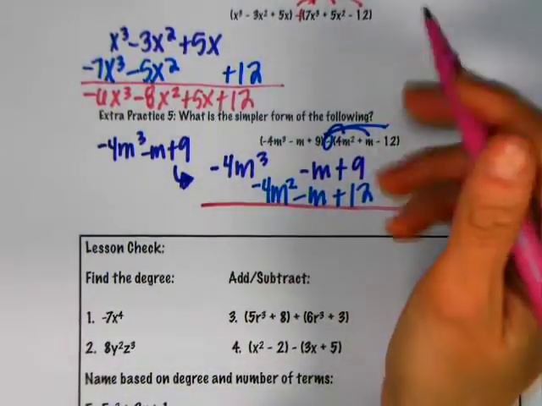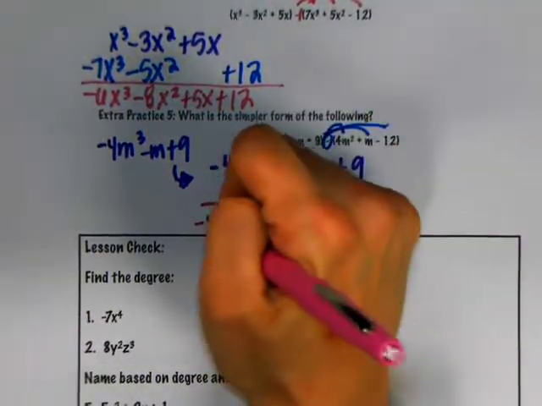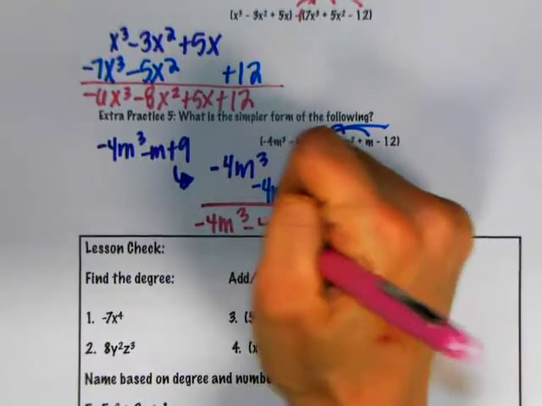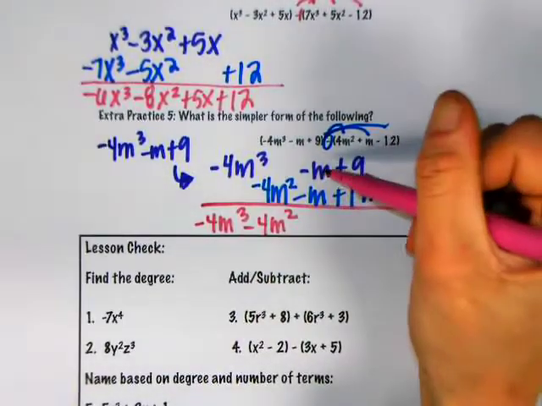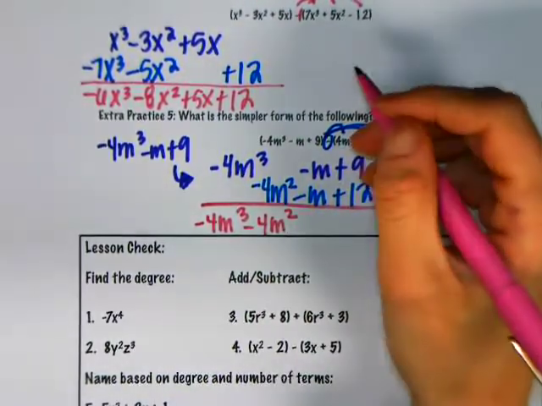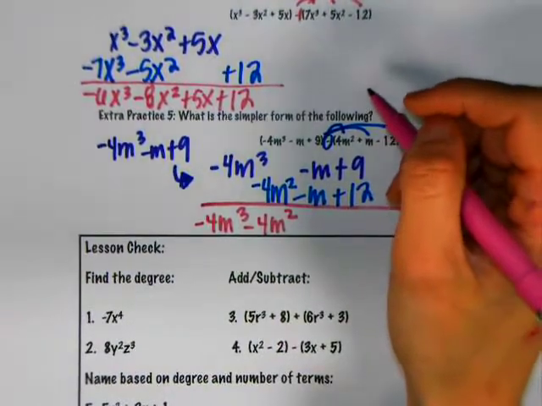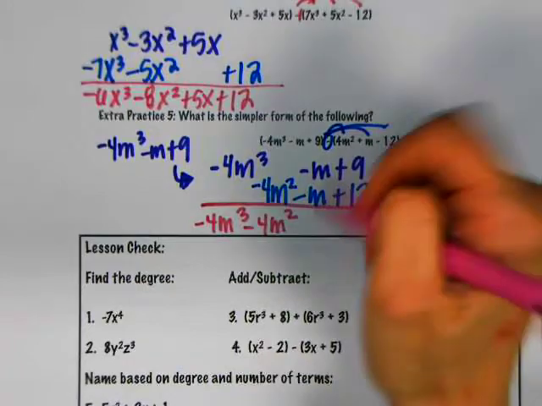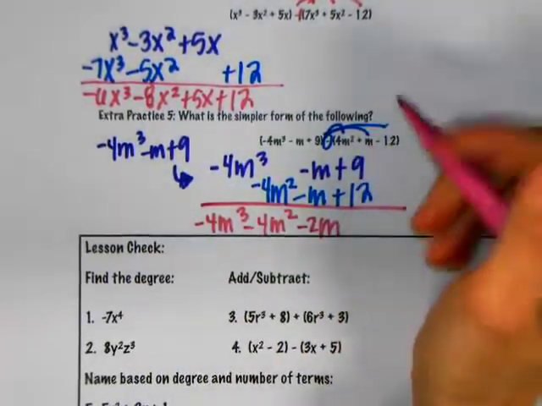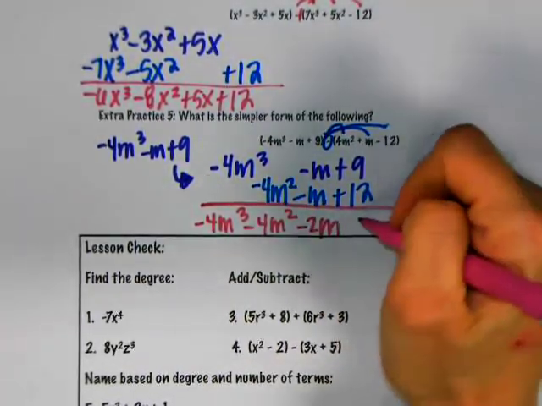Just bring them down. Yeah, so you can bring down negative 4m to the third minus 4m squared. And then combine these. What's negative 1 and negative 1? They're the same. Yeah, negative 2. Because negative 1, negative 1. And then 9 and 12?